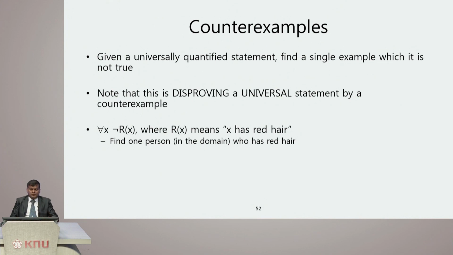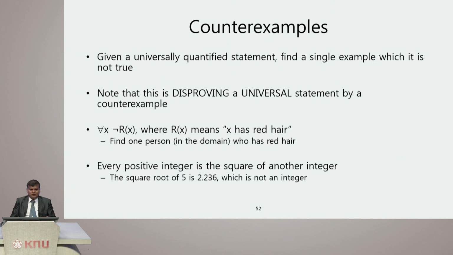For all values of x, negation of r of x, where r of x means x has red hair. Find one person in the domain who has red hair. So the idea is to find one.